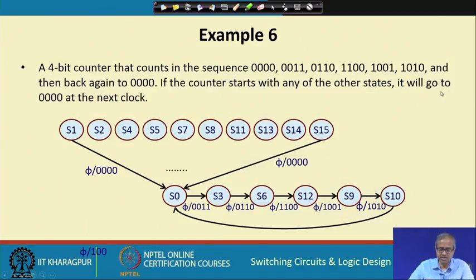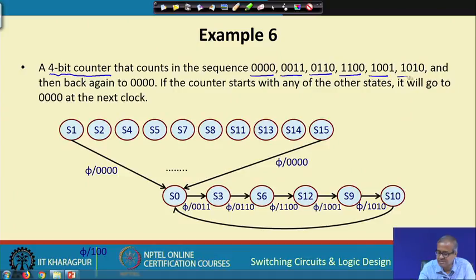So, let us take one last example. This is a slightly more complex kind of counter. This is also a binary counter, but it does not count in the binary sequence. This is a 4-bit counter that counts in the sequence first 0000, then 0011, then this, then this, then this.